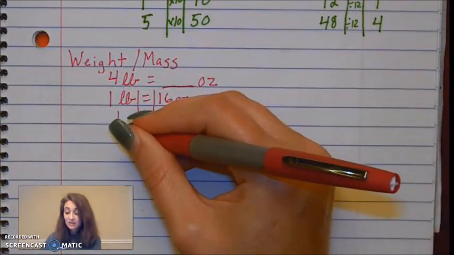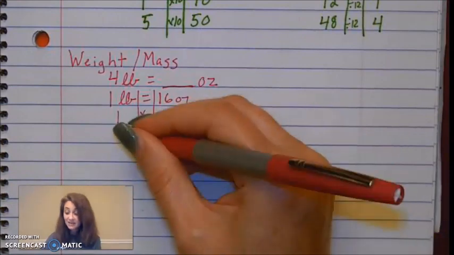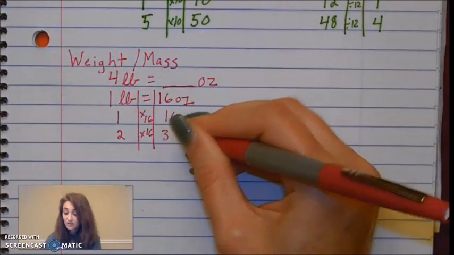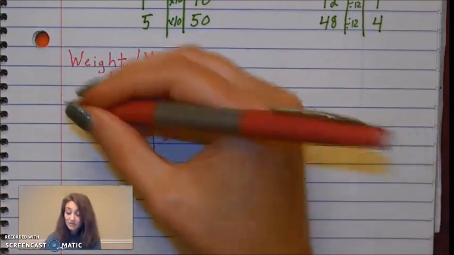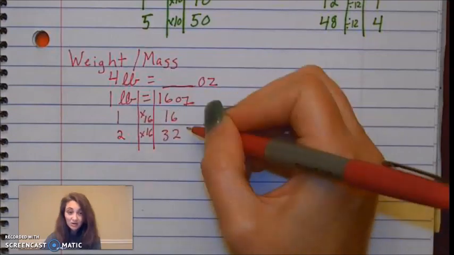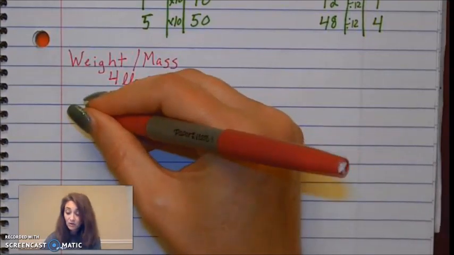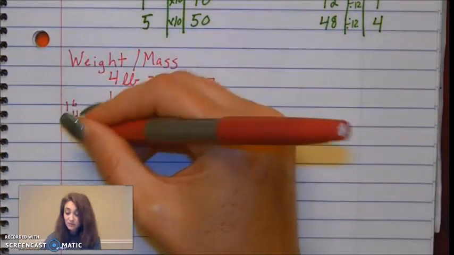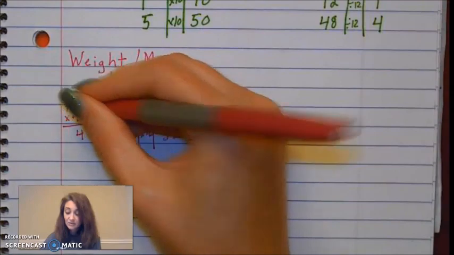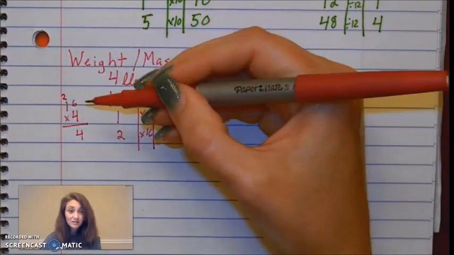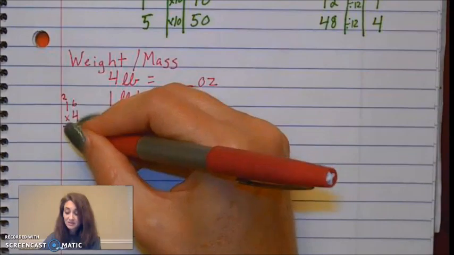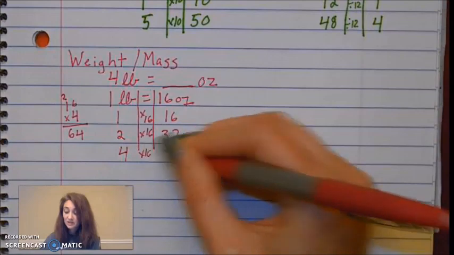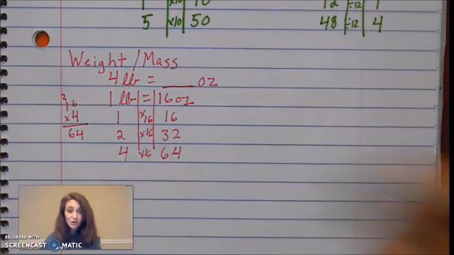I can either continue my chart down and just add 16 as I go. 2 times 16 equals 32. And I could do that, or I could come off to the side, and after I see my pattern, I can just do the math. 4 times 16. 6 times 4 is 24. I carry my 2. 4 times 1 is 4, plus 2 is 6. So 4 pounds times 16 would be 64 ounces.